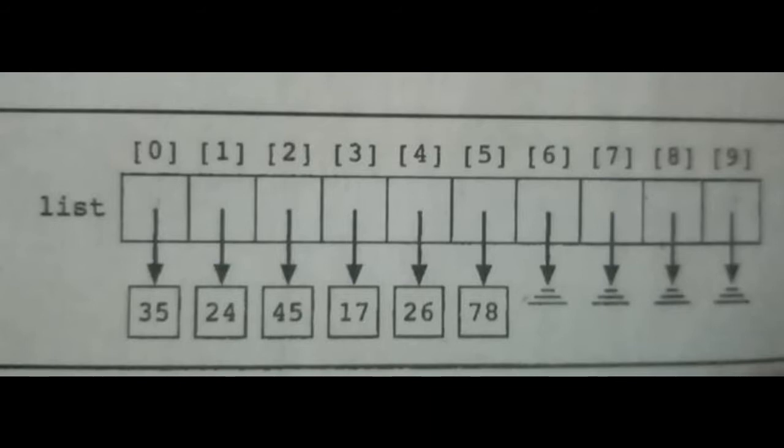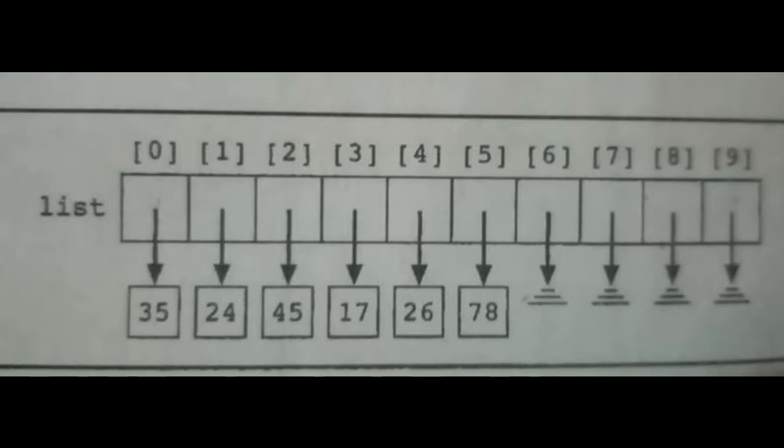If the item to be inserted is, say, at location 6, we can easily accomplish this by copying the item in list at index 6. On the other hand, if the item is to be inserted at location 3, we first need to move elements list at index 3, list at index 4, and list at index 5, one array slot to the right to make room for the new item.